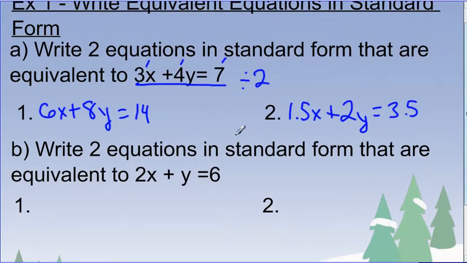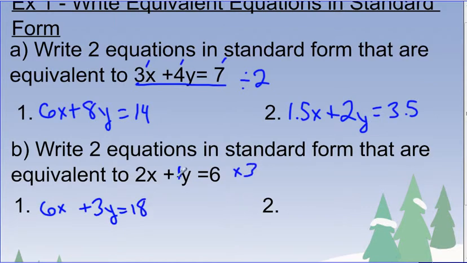Okay, let's see another example here. Instead of multiplying by 2, I'm going to take this guy times 3, just because. So 2x times 3 gives me 6x plus y. Well, how many y's are there? If you don't see a number in front, it means there's one of them. So 1 times 3 gives me 3y, and equals, and 6 times 3 is 18.